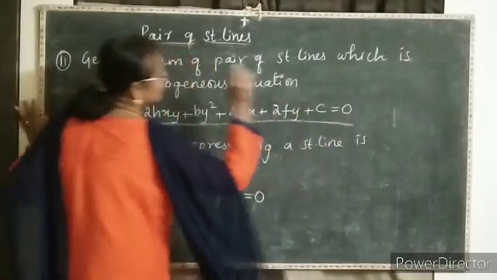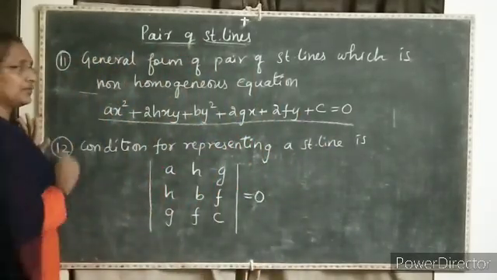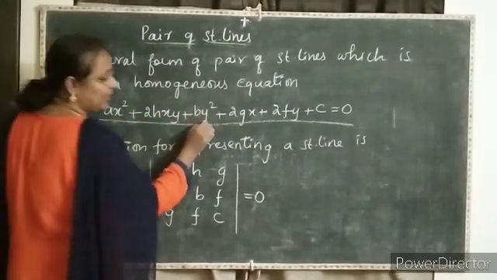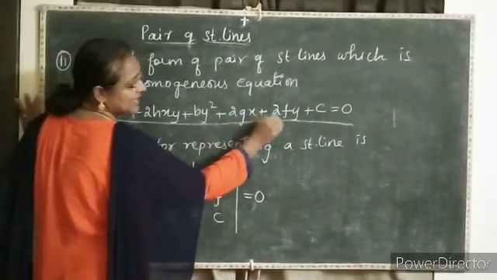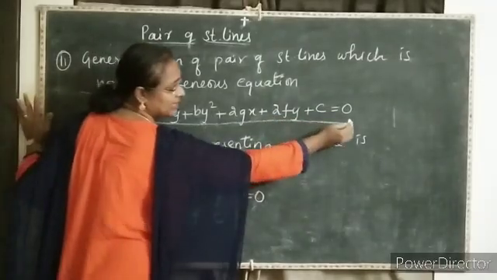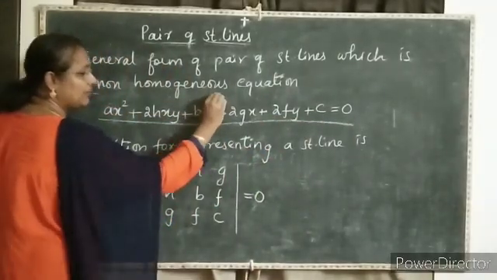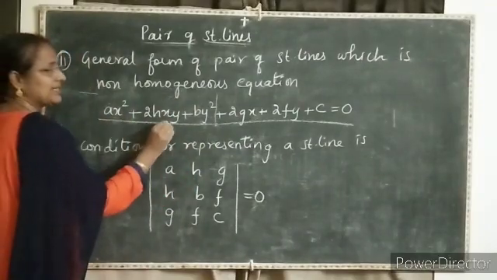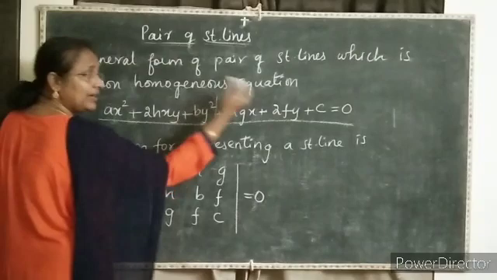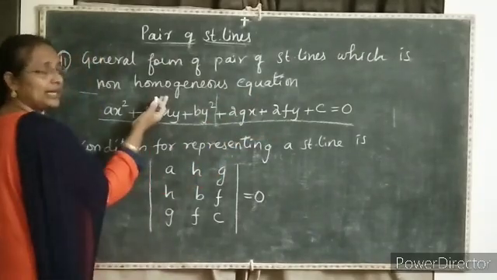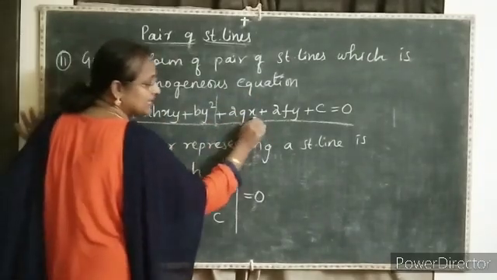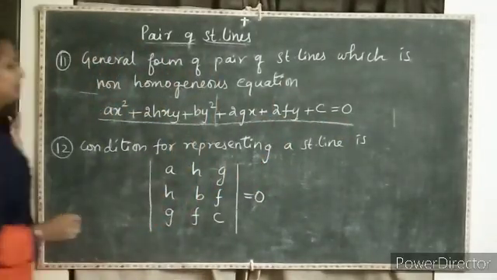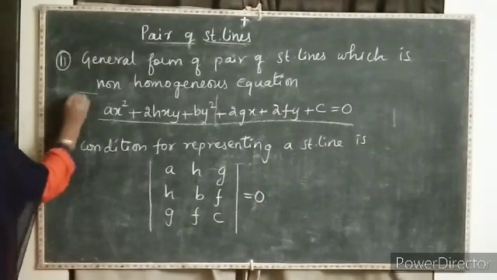The general form of the non-homogeneous equation of a pair of straight lines is ax squared plus 2hxy plus by squared plus 2gx plus 2fy plus c equal to 0. For homogeneous we have only 3 terms, isn't it? ax squared plus 2hxy plus by squared. Now 3 more terms are added in the non-homogeneous equation, that is 2gx plus 2fy plus c equal to 0. So you have to learn this formula.